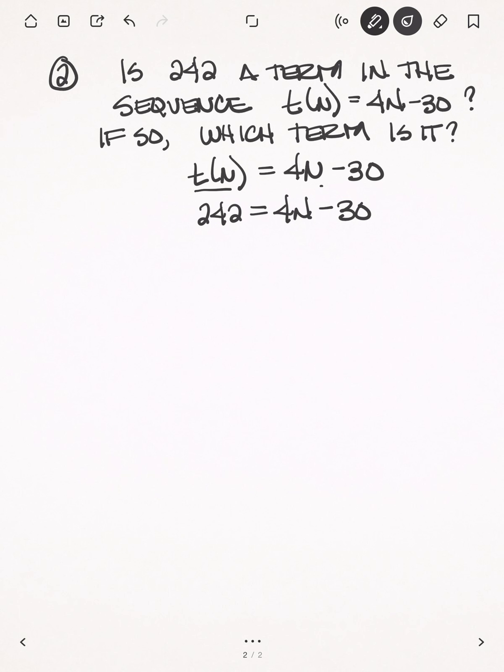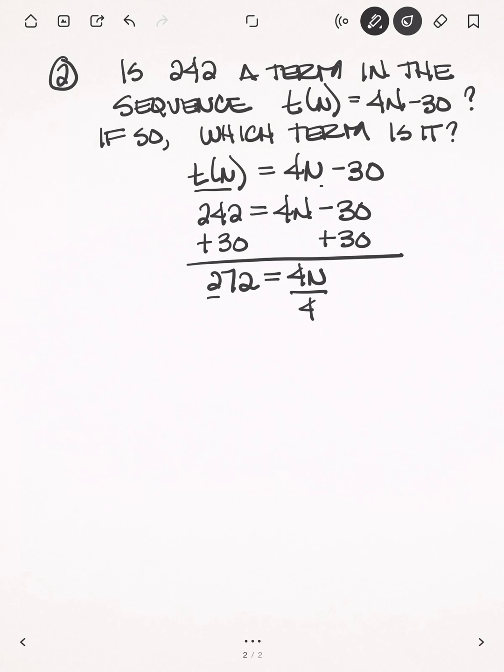So, solve for n, we're going to add 30 to both sides. I get 4n, because my 30s cancel out, is equal to 272. Divide both sides by 4. Does 4 go in evenly? That's the question.